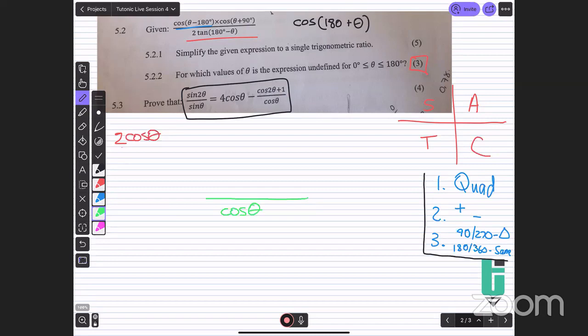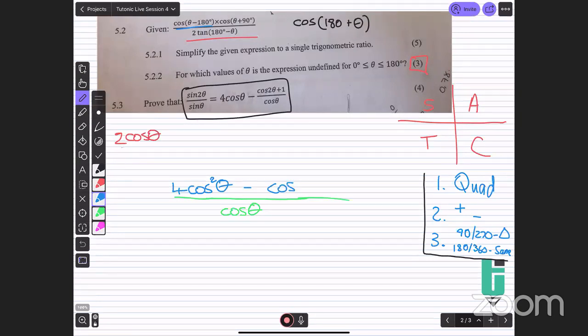So therefore it becomes, what's the numerator going to become? That will stay for cos theta. No, it will become 4 cos squared theta. Right, great. Okay, so it's 4 cos squared, and it's going to be minus cos 2 theta.